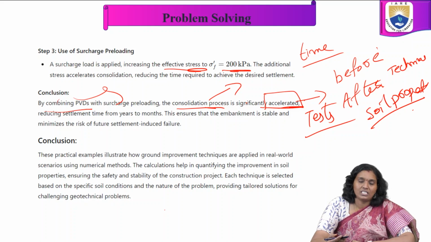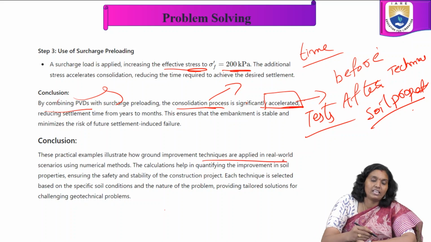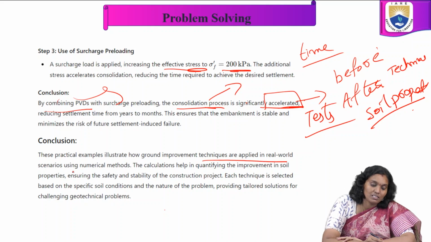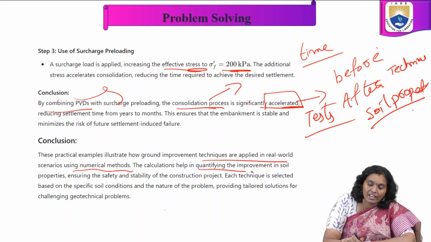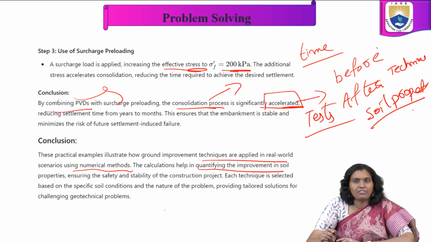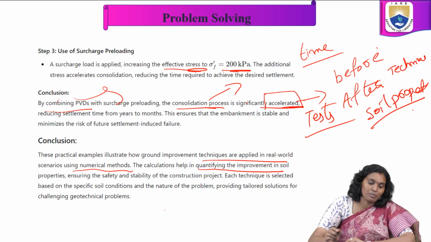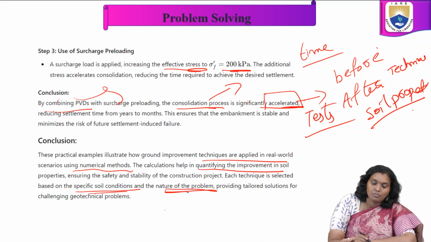In these conclusions, these practical illustrations show how ground improvement techniques are applied in real-world scenarios using various methods. The calculations help in quantifying the improvement in soil properties, ensuring the safety and stability of the construction project. Each technique is selected based on the specific soil condition and the nature of the problem.